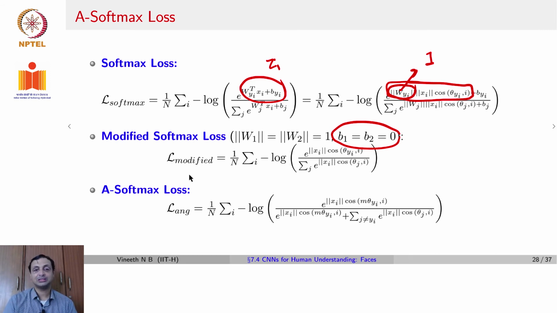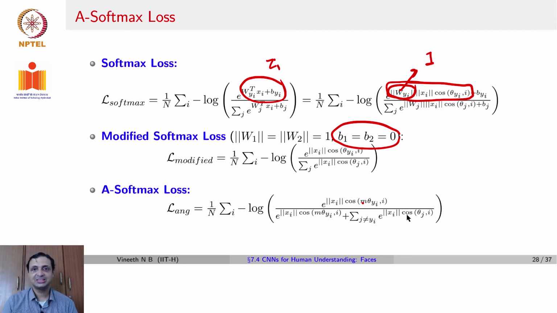The angular softmax loss extends this to make the angle corresponding to the positive class be scaled by m, while the angles corresponding to all other classes are not scaled by the same m value. M is a positive constant.